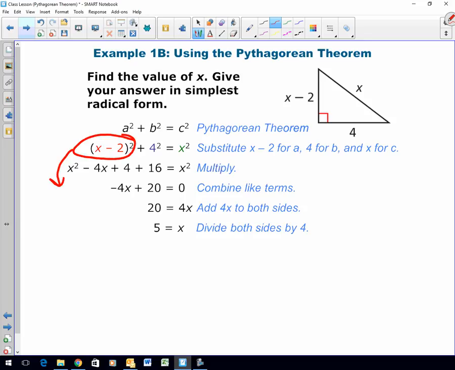This is all last year's work. X minus 2 times x minus 2. Quadratic expression. You can't escape them. Got it? X times x is x squared. X times negative 2 is negative 2x. Negative 2 times x is negative 2x. Negative 2 times negative 2 is 4.